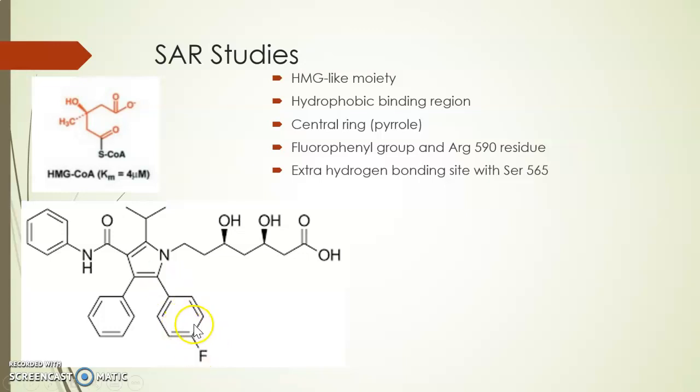Over here we have our fluorophenyl group, which interacts with the arginine 590 residue in the binding site. For differences between other statins and this statin, we have an extra hydrogen bonding site right over here with our serine 565 residue.